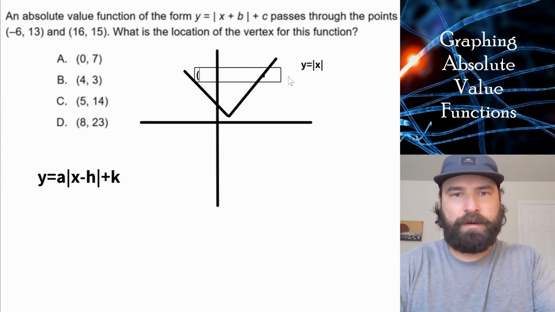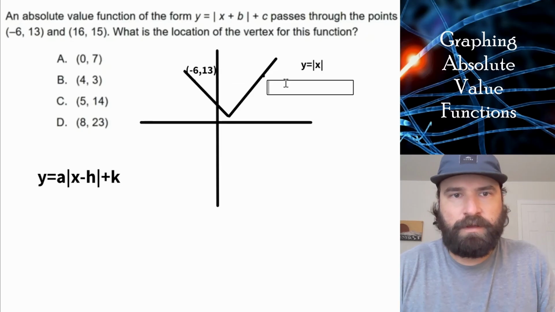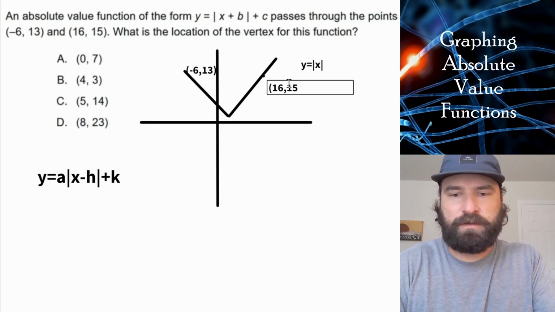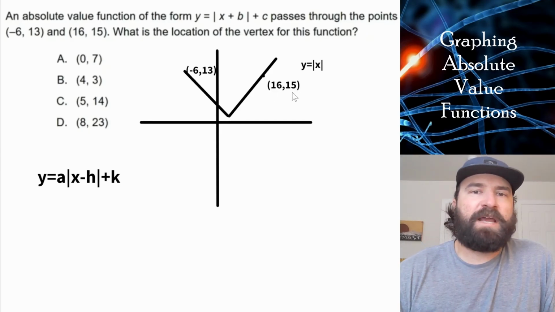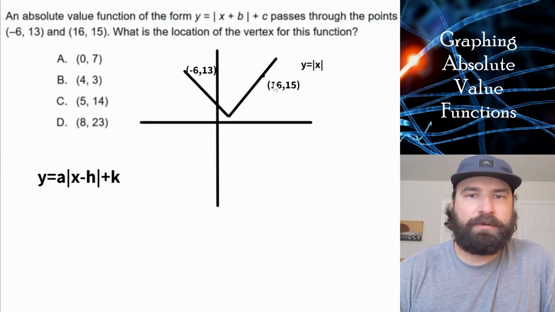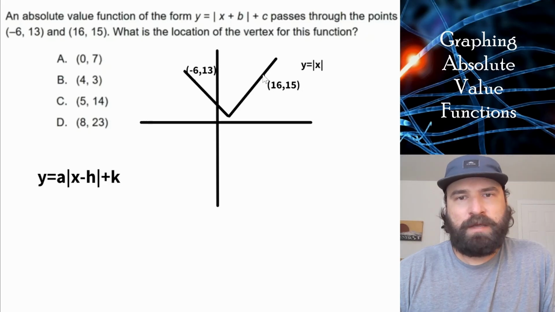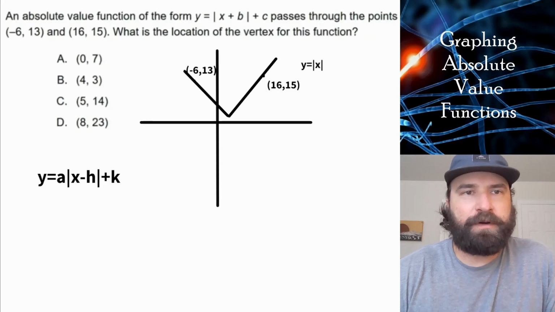We've got 1 point, negative 6, 13, and the other point, 16, 15. Well, if we had 2 points that have the same y value, we'd be able to do some tricks with the symmetry here. So if I walk my way down this line from 16, 15, I could get to a point with a y value of 13.